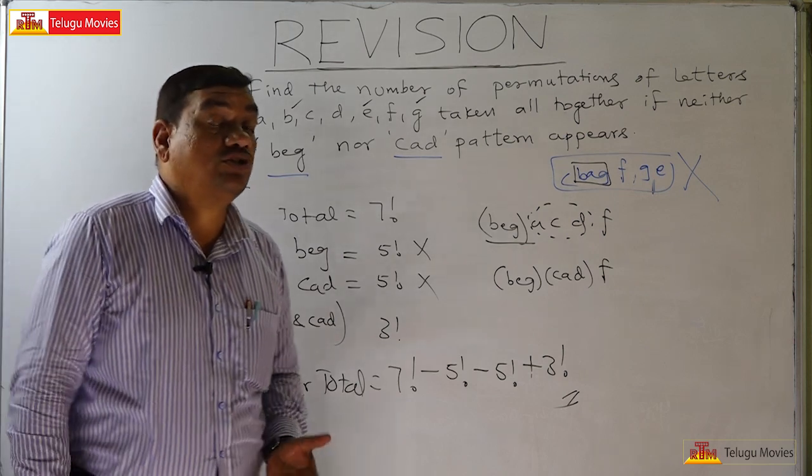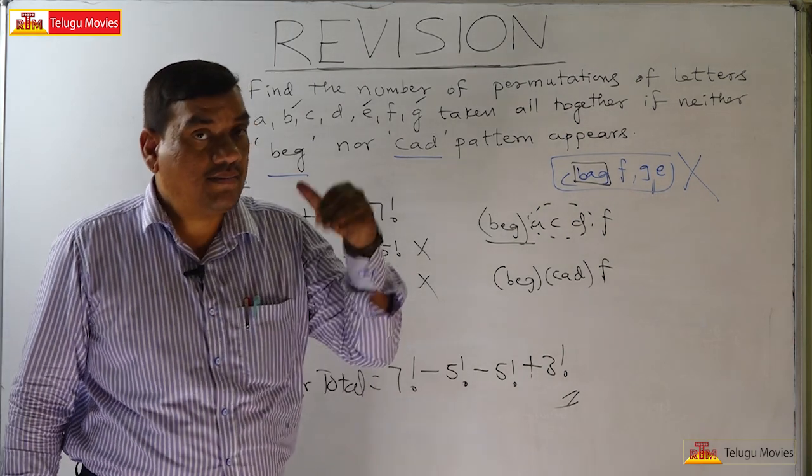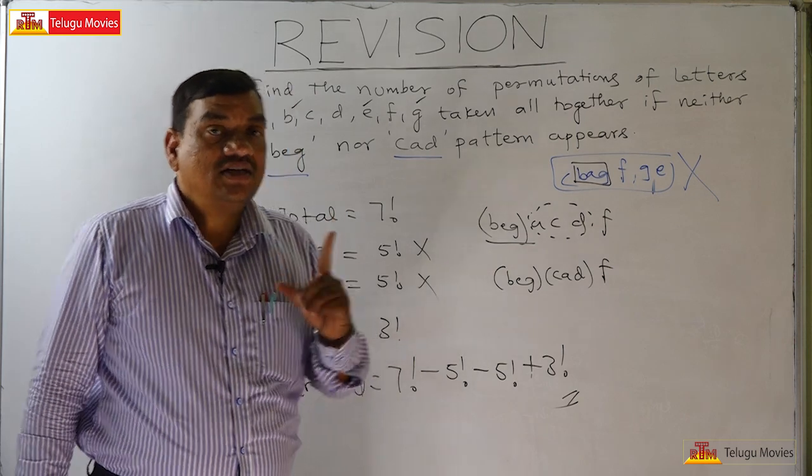It is n of A union B equal to n of A plus n of B minus n of A intersection B.